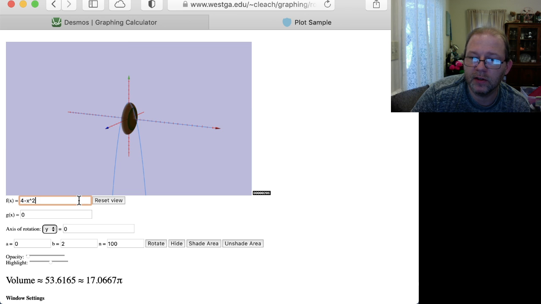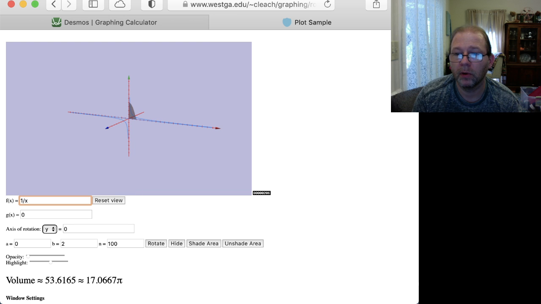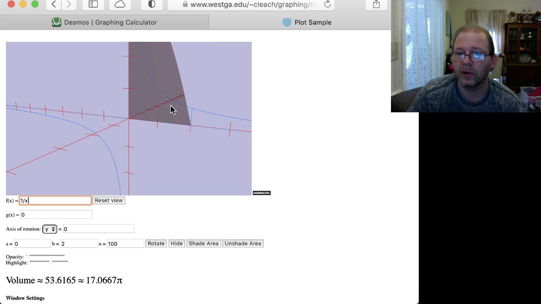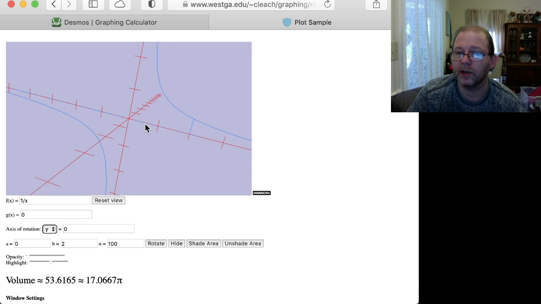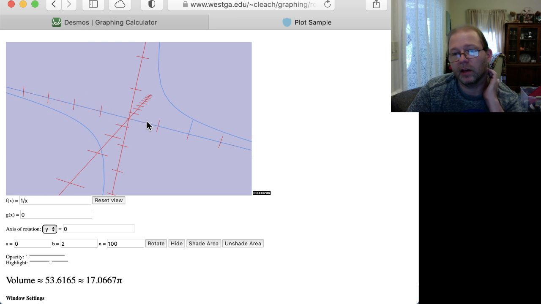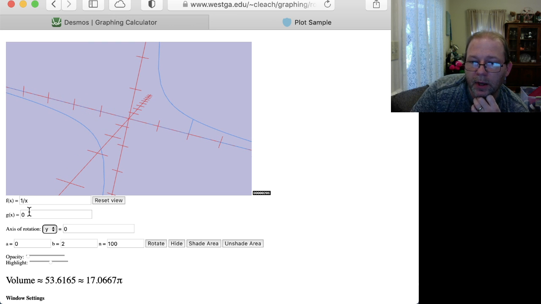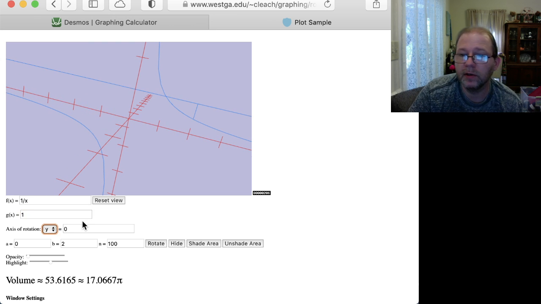Now we said, what was this? This was y equals 1 over x. Let's zoom in on it. So we're supposed to go y equals 1 over x. Let's unshade that area for now. And g of x is 1.